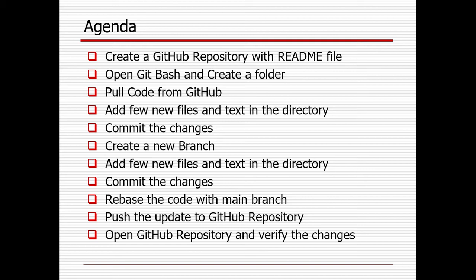And after adding some more files, you can delete some files. You can move your code from the local directory to the staging area, and then from staging to the local repository, and from the local repository how you can push your code to your GitHub account, right? And the GitHub repository. So that thing you already know from your previous videos.